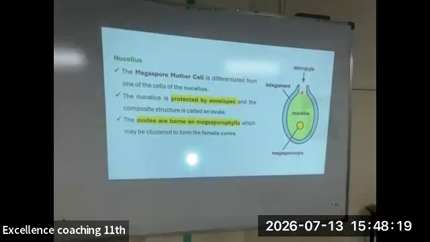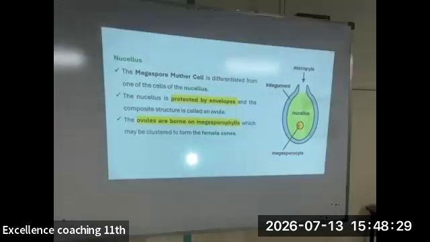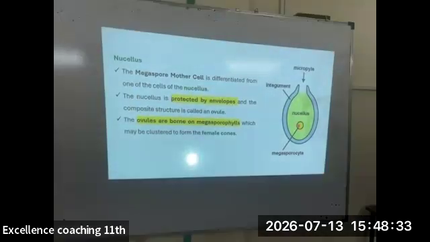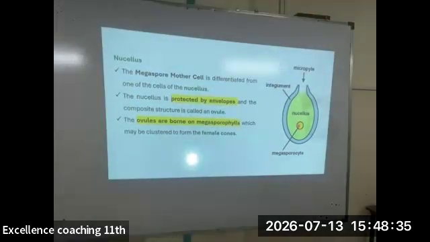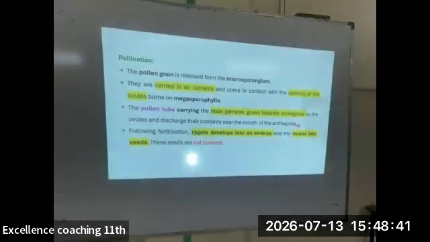Okay, there is a tube-like structure which is going to come here and fuse with the egg. And what will it release? It will release the sperms which are present inside the pollen grain. Remember, the pollen grain is not the sperm. The pollen grain is the carrier of sperm. Okay, this is clear to everybody. So this is how pollination takes place in gymnosperms.